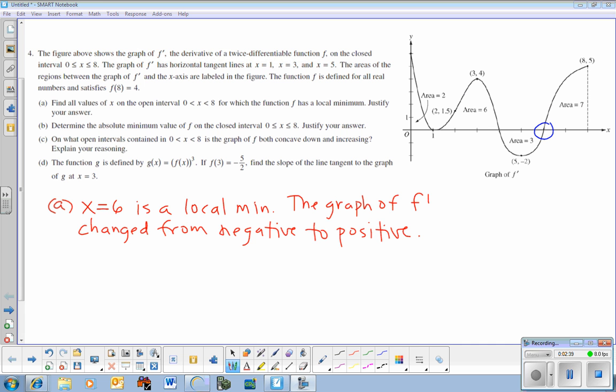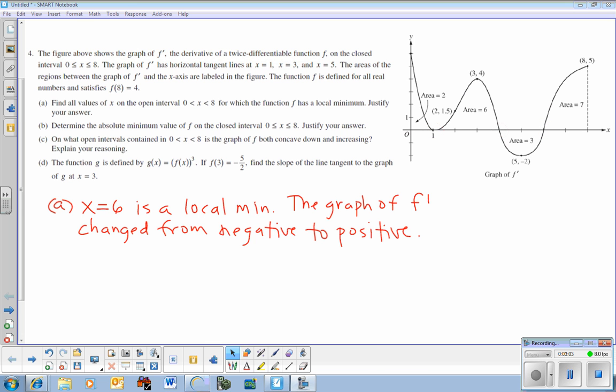All possible values, by the way, that we should have considered were whenever the function's derivative was equal to 0, because one of the basic ideas from Calc 1 is mins and maxes occur when a derivative is 0. So this was an option, this was an option, and then our answer was an option. But the only one where the graph went from negative to positive was at 6. So there's question A. All right, let's move on.